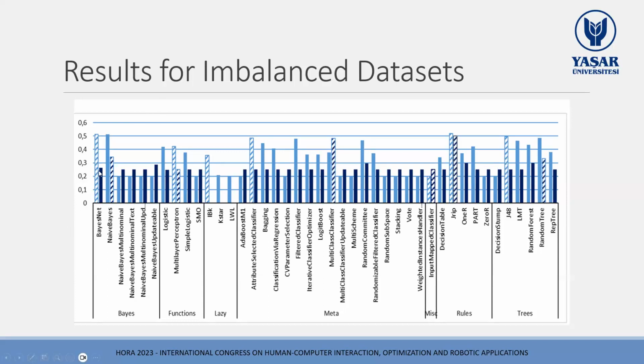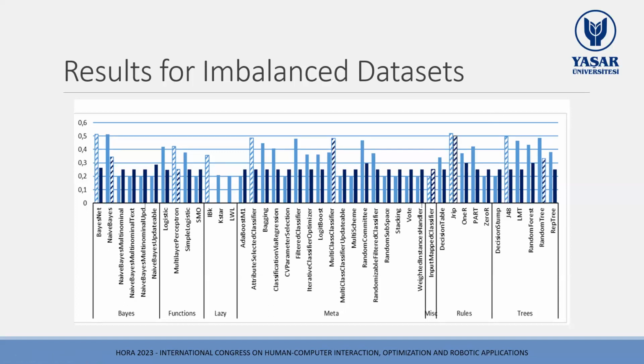For instance, BayesNet in the Bayes category performs the best for the synthetic data, while JRip in the rules category demonstrates the highest performance for the real-world dataset, and also for the synthetic dataset.